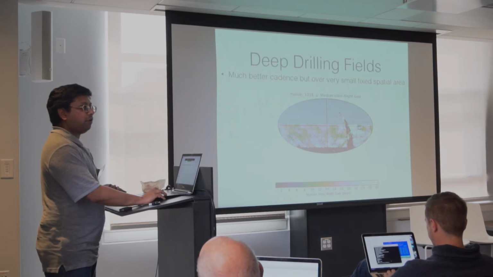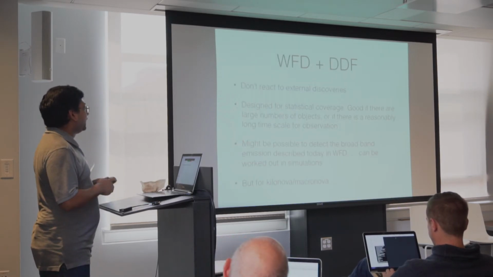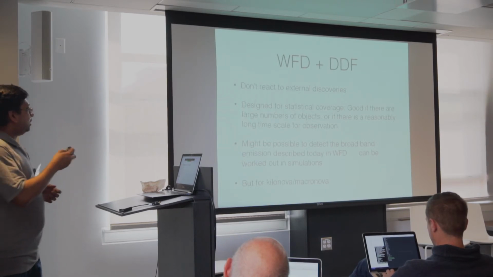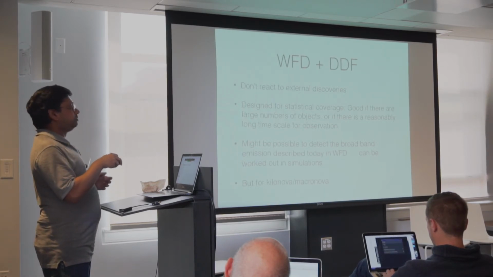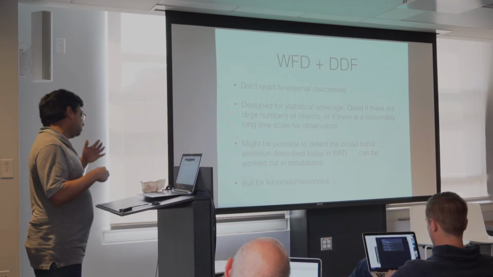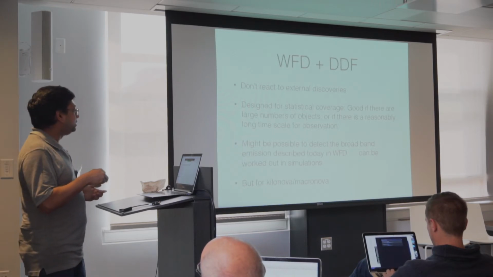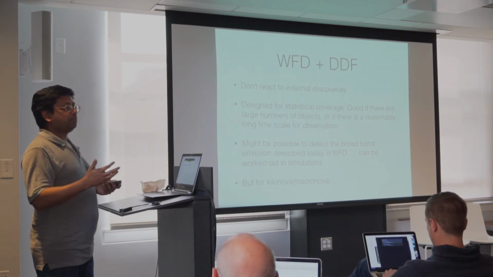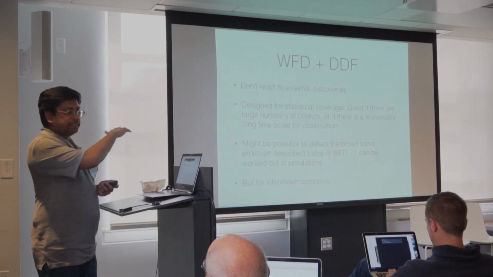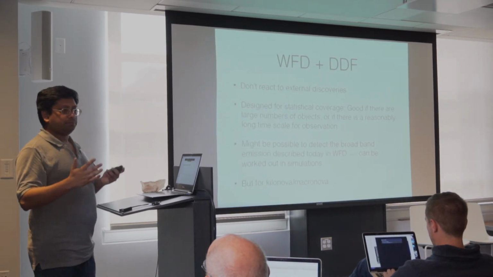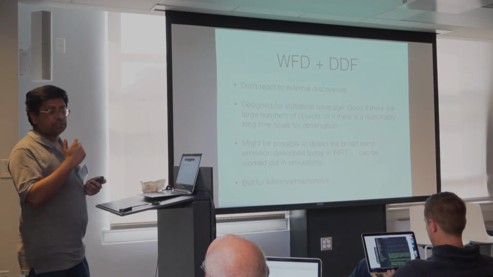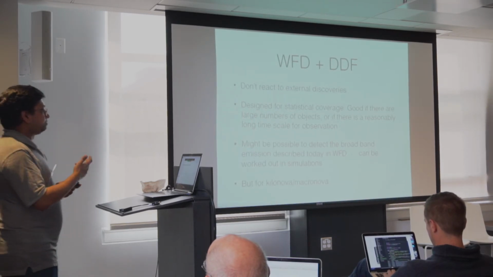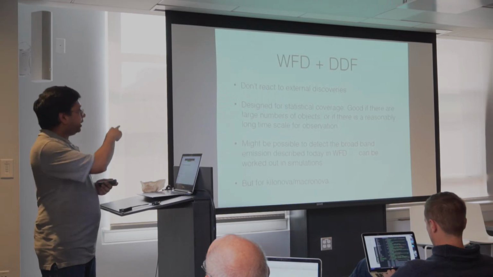So if you are looking for rare events, that's not great. These things don't react to gravitational wave or external discoveries of any kind. And so if we have a large number of events, they can statistically cover something. But if the expected number of events is low, this is probably not a great way to go.